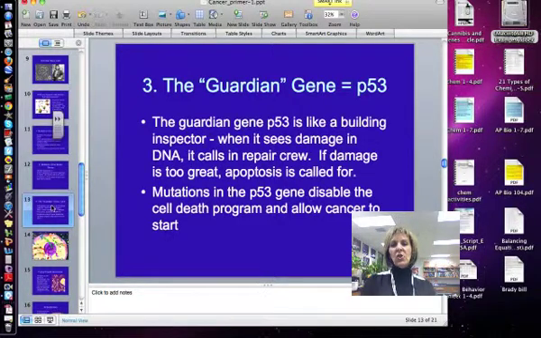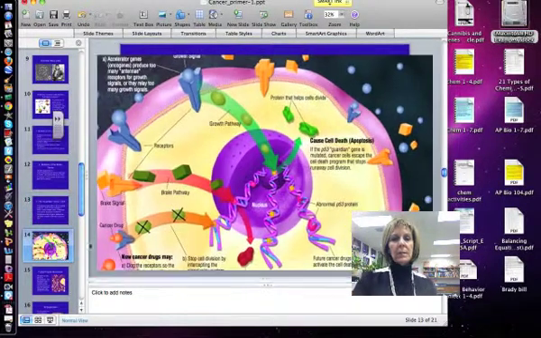And this guardian gene, this P53 gene, is a very important gene, because one of the things that it does is it's going to survey damage in a DNA or damage in a cell, and then it will program that cell for apoptosis, or program cell death. And so mutations in this P53 gene disable this programmed apoptosis, this programmed cell death, and allow cancer to start.